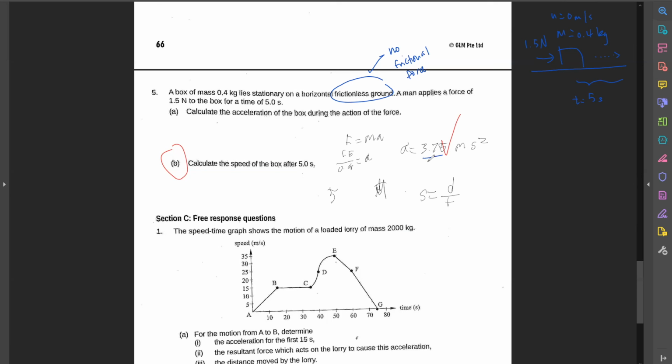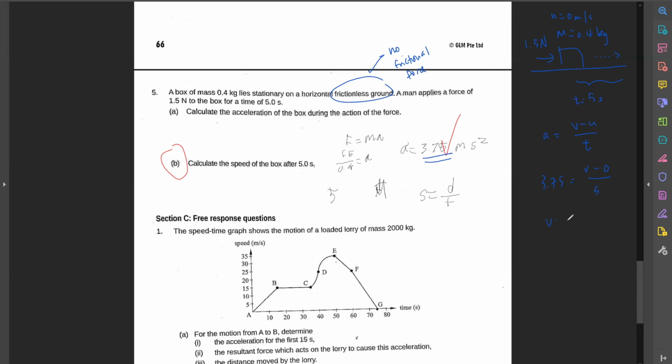So your acceleration is found already. So remember this. 3.75 equals, final speed is what you want to find, V minus 0 over 5.